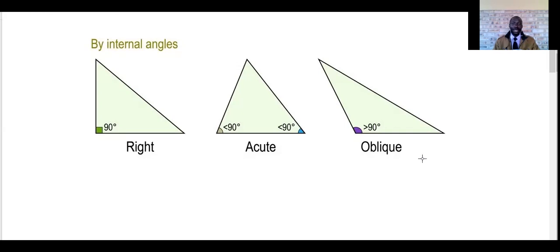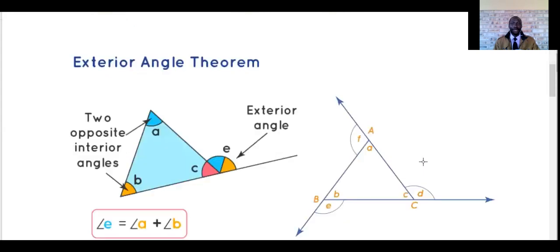Okay, so we saw that we are just moving on as quickly as possible. Now, the other property that we also discussed quite briefly was the exterior angle property. Remember, while we were discussing the equilateral triangle, one thing we saw is that the interior angles are all the same.